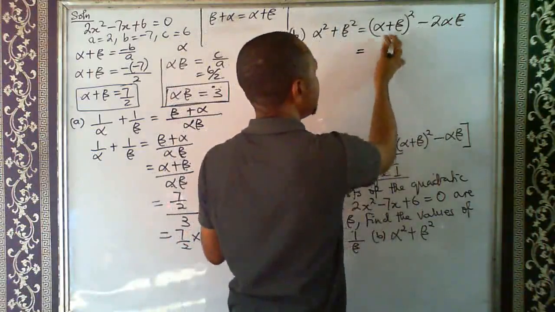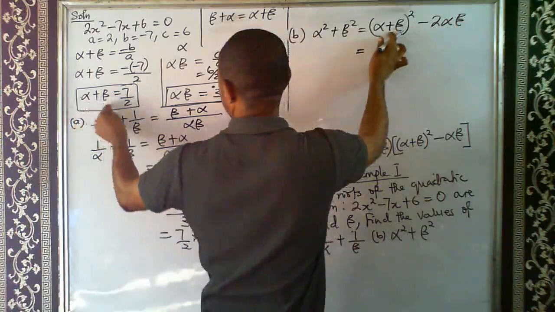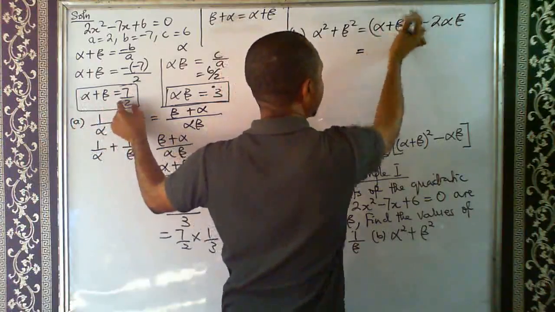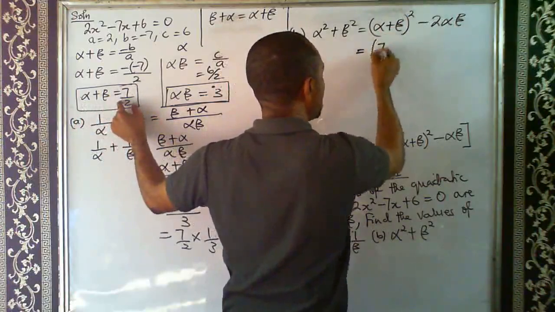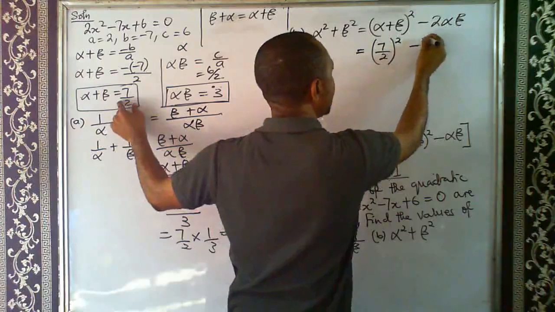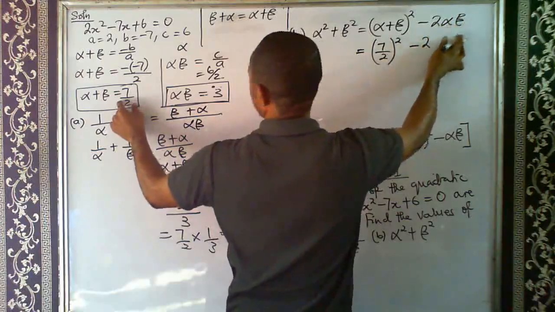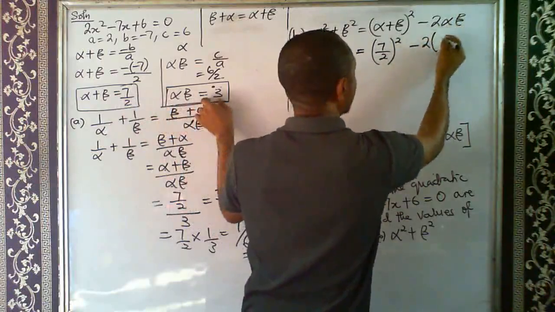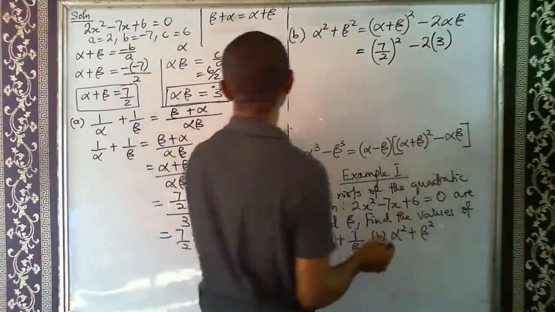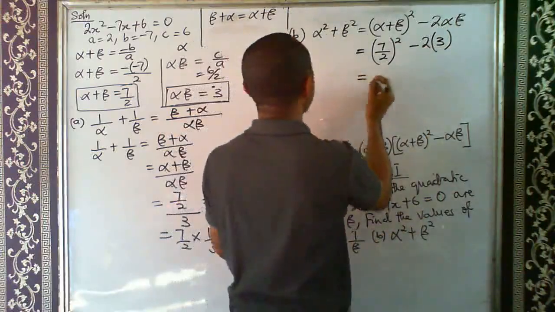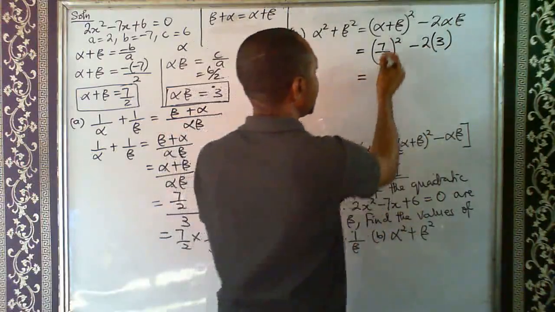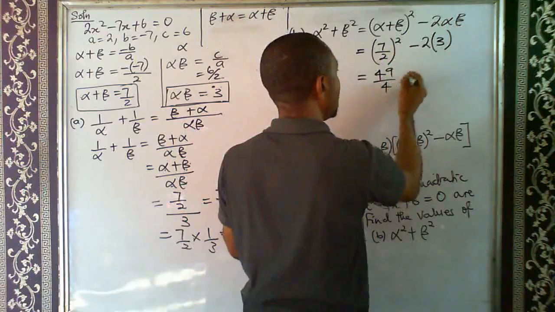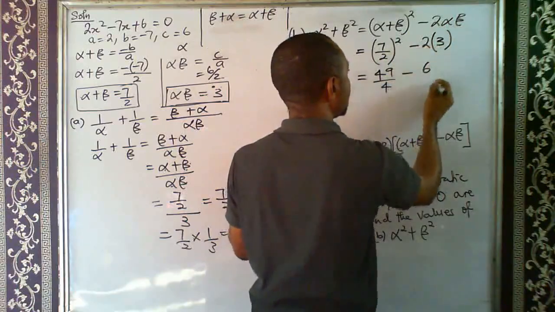So this is straight. Already we have alpha plus beta. So what is alpha plus beta? 7 over 2. But here this alpha plus beta is squared. So 7 over 2 all squared minus 2 alpha beta. So 2 times alpha beta. What is alpha beta? 3. So that will now give us 7 squared is 49, 2 squared is 4, minus 2 times 3, which is 6.